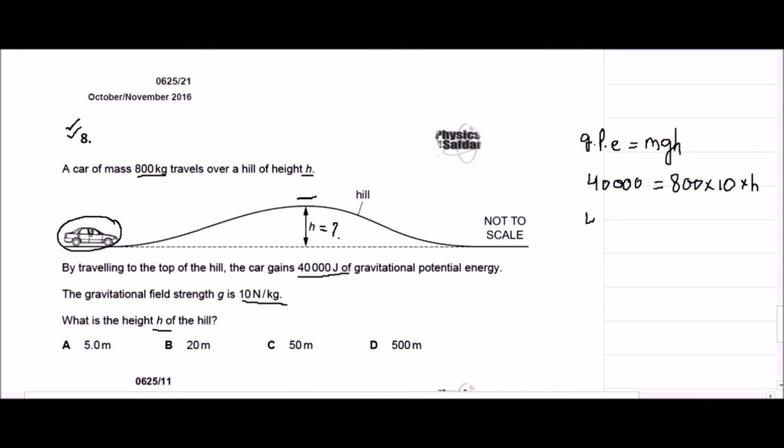Then we get 40,000 over 800 times 10. After the simplification, we get h is equal to 5 meter. Look at the options. Option number A is 5.0 meter, and that is the correct answer.